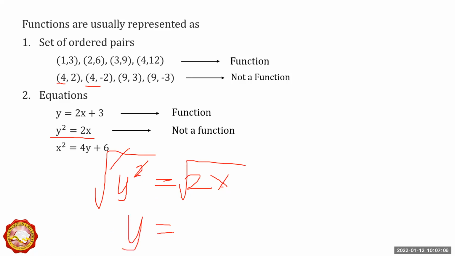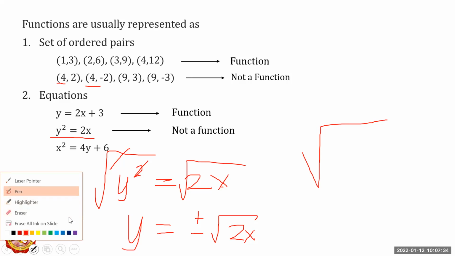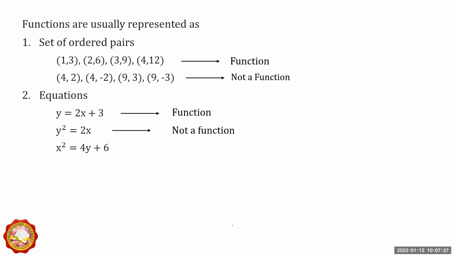And that would give you plus minus square root of 2x. You know that when we square root, there are two possible roots, the positive and the negative. Okay? That's the reason why you will be getting two possible values. So, pag naglagay ka ng isang value dyan sa inyong x, you'll be able to get more than one value of your variable. So that's not a function.